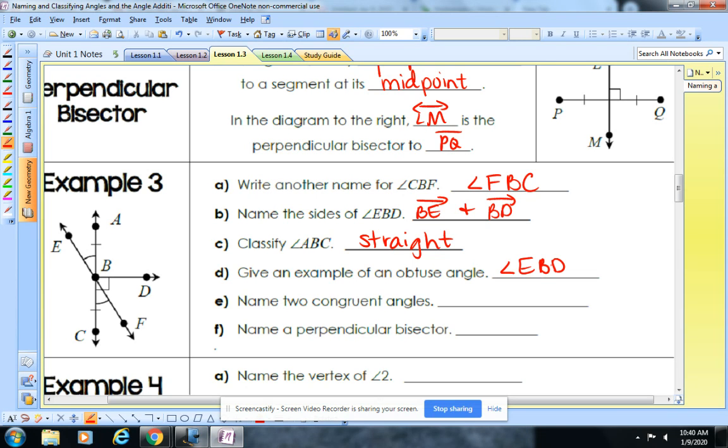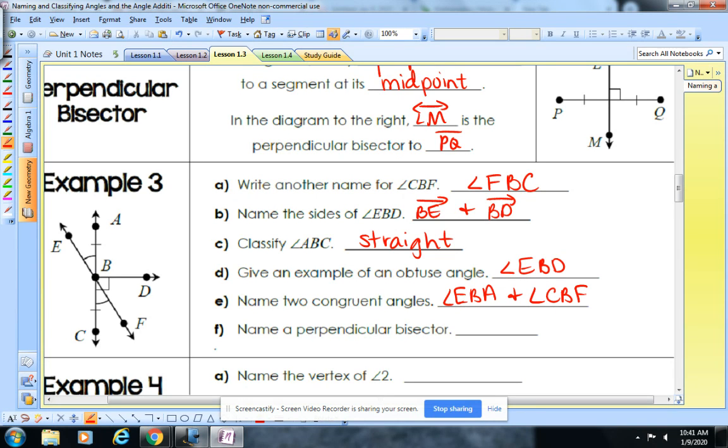E says, name 2 congruent angles. Somebody tell me. Okay, look for those little arc marks. Do we see any of those? Very good. Angle E, B, A, and angle CBF. Okay.